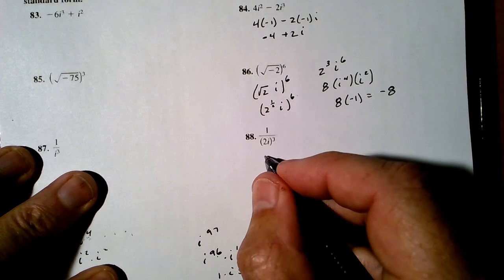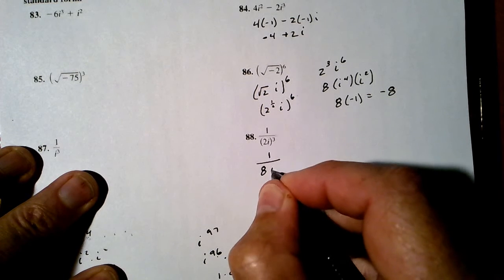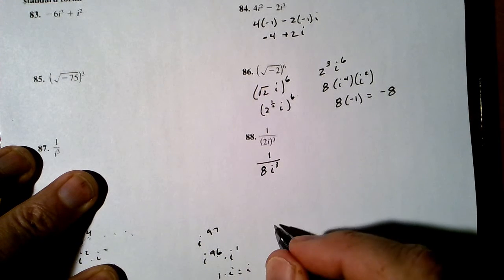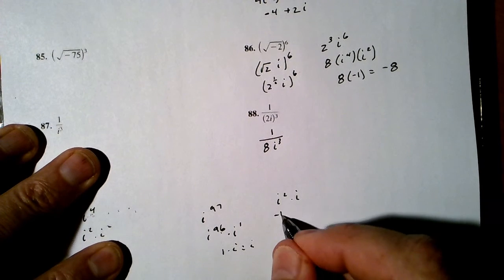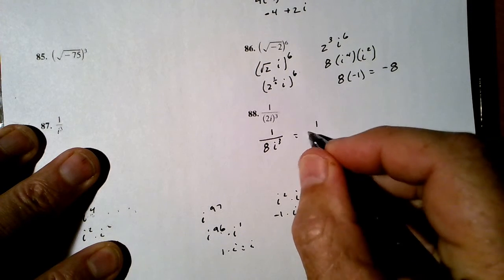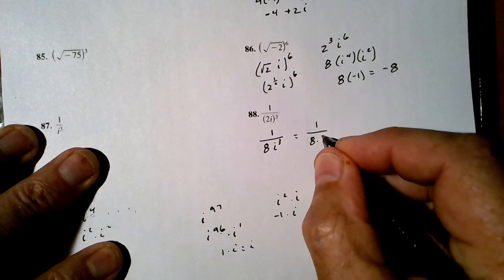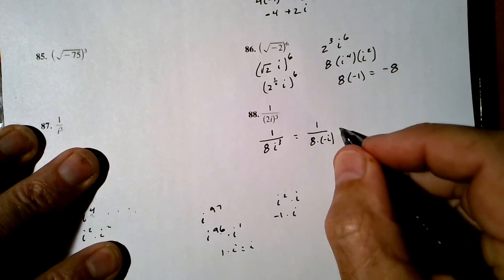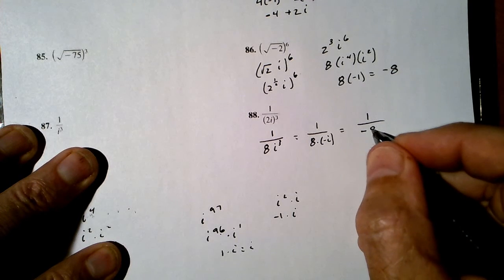Okay, so let's see. This is 1 on 2 to the 3rd, 8, i to the 3rd. Now, i to the 3rd is i squared times i, and that's -1 times i. So this is 1 on 8 times -i. That is 1 on -8i.